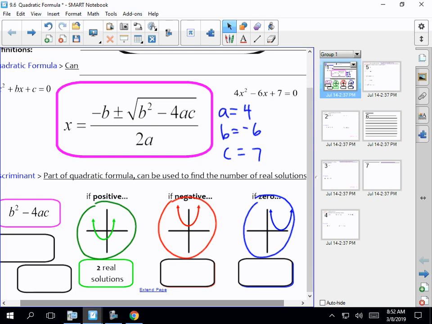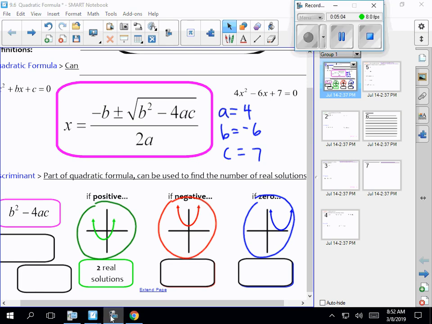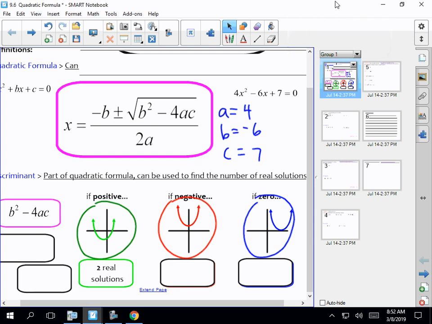If you plug it into the formula and you get a negative number, that means you have no real solutions. It means the parabola never crosses the x-axis. And if you were to plug in A, B, and C to that formula and get 0, you would have one real solution.